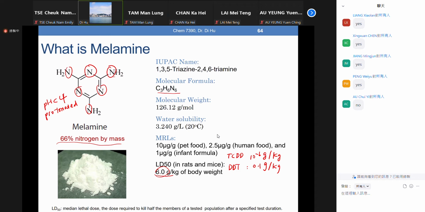It just measures the total amount of nitrogen. First you boil the sample in a very strong acid, sulfuric acid, to convert all the nitrogen into ammonium sulfate.